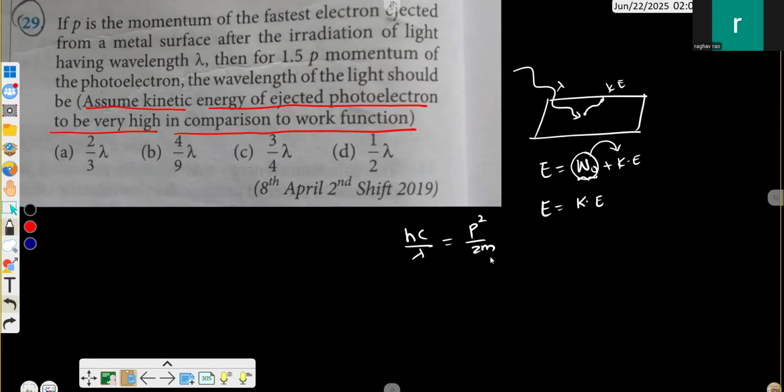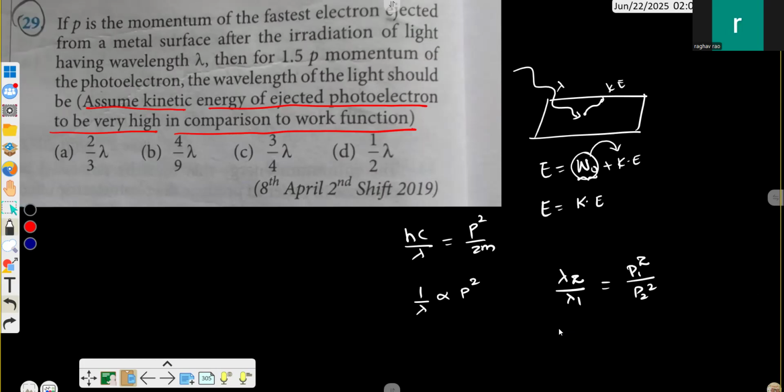Now he says, if P is the momentum of the fastest electron, fine. For the 1.5 times momentum case, I can write 1 by lambda is directly proportional to P square, or P square is inversely proportional to lambda. We can write lambda 2 by lambda 1 is equal to P1 square upon P2 square.